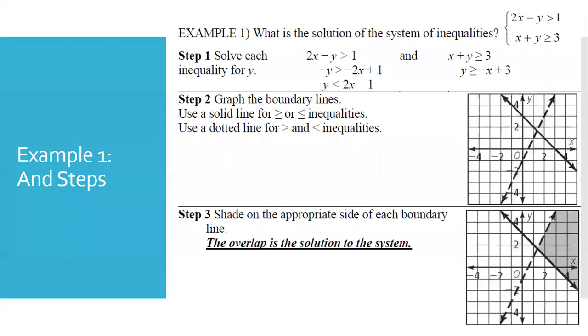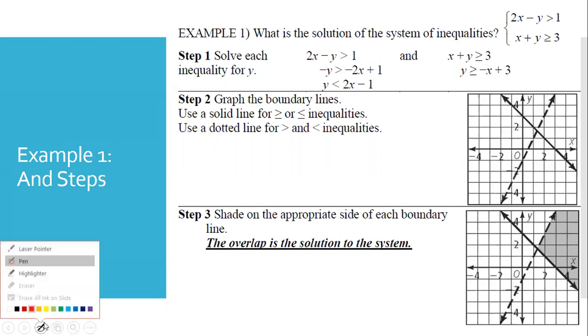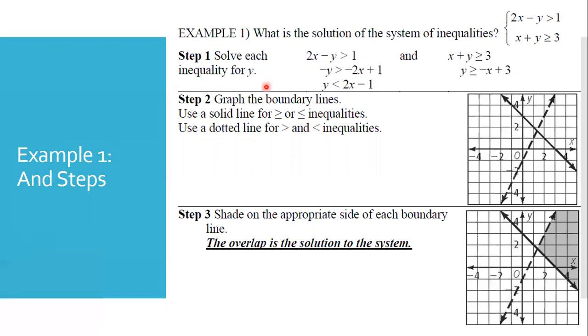First, step one is to solve each inequality for y. So as you can see here, in the full example, each inequality, 2y minus x less than 1, and x plus y greater than or equal to 1, we solved them for y.